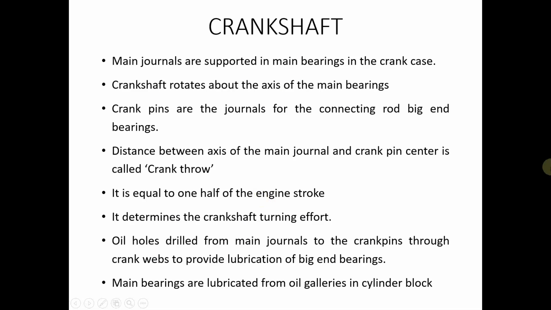Crank throw is usually equal to 1/2 of the stroke length of the engine, and that is the ratio L/R we learned. R here denotes the crank throw, and it determines the crankshaft turning effort.